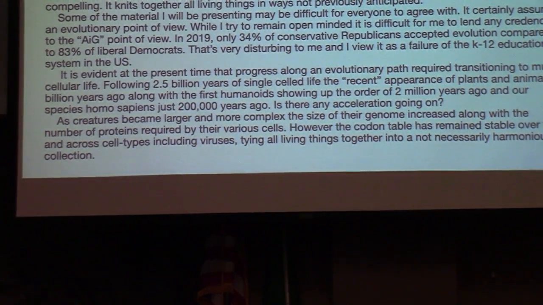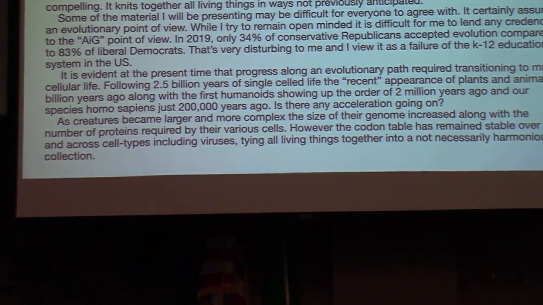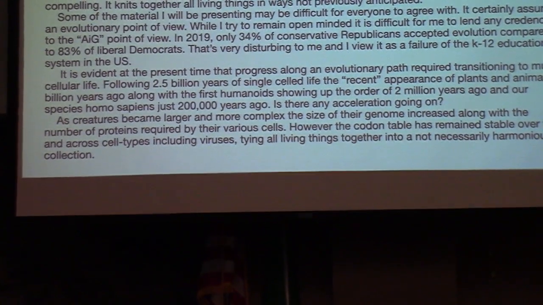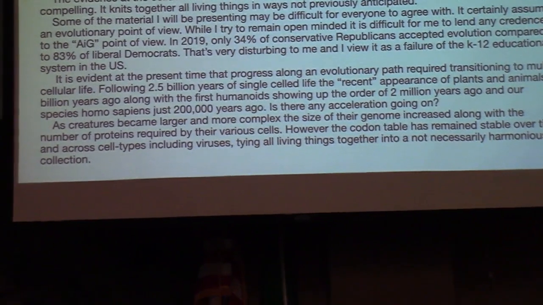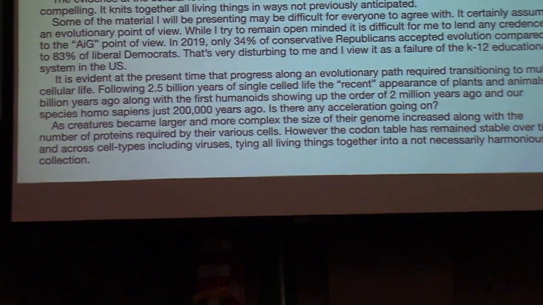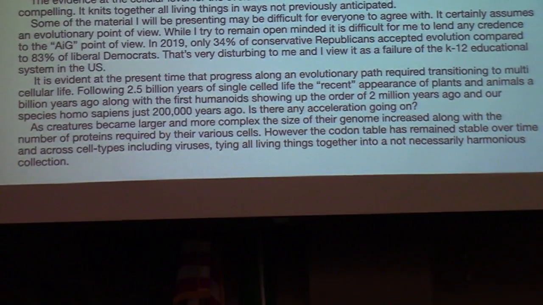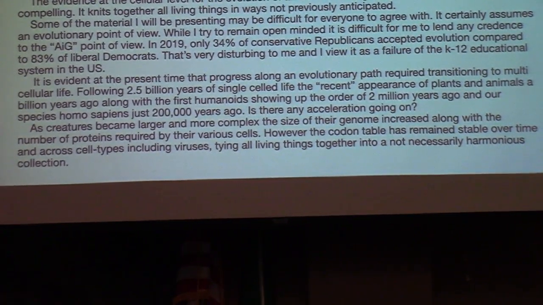And it's really shocking to learn that only 34% of conservative Republicans, this is 2019, accepted evolution, compared to 83% of liberal Democrats. That's really incredibly disturbing and certainly reflects a failure of our educational system, that these people can go through and become adults and have no acceptance of evolution.